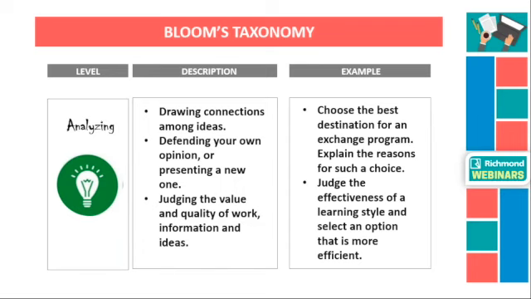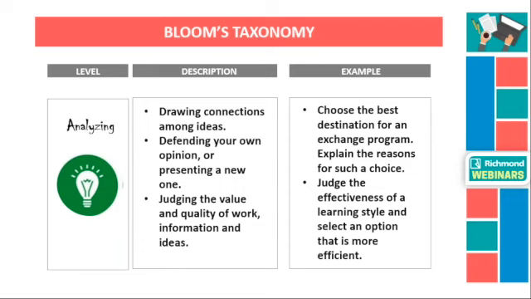An example would be choosing the best destination for an exchange program, what's the most convenient for you. So I need to analyze, I need to break it into parts: this destination, but why? Because I have these reasons, okay? So that would be analyzing.